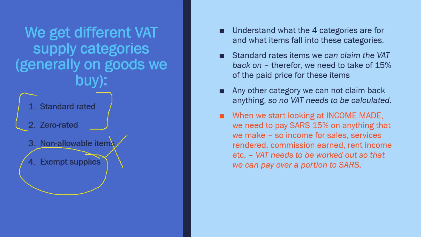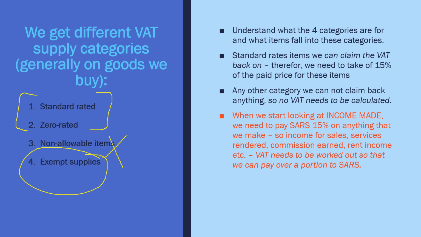When we move over to the section in red, there I am speaking about income made. Remember, as a business, we are buying lots of goods in, we are then producing a product. So when we produce that product and we start selling it, SARS takes 15% on anything that we sell. So any income really, any income on sales, any services that we offer.